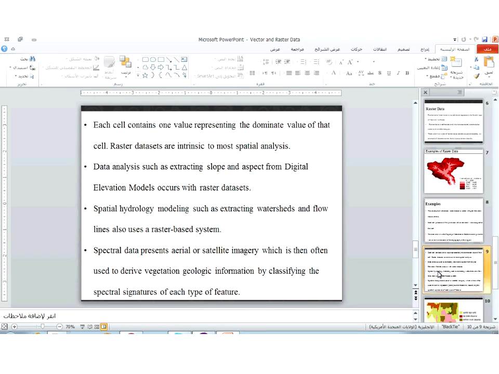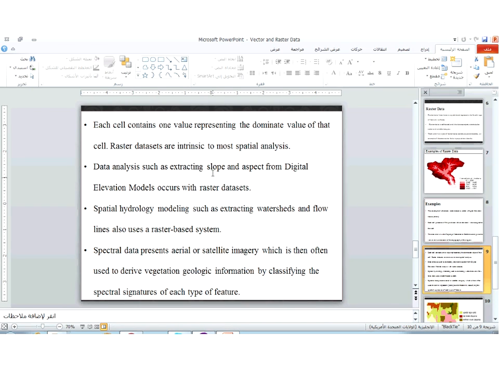Each cell contains one value representing the dominant value of that cell. Raster datasets are intrinsic to most spatial analysis, and we will come across this spatial analysis in the next lecture.